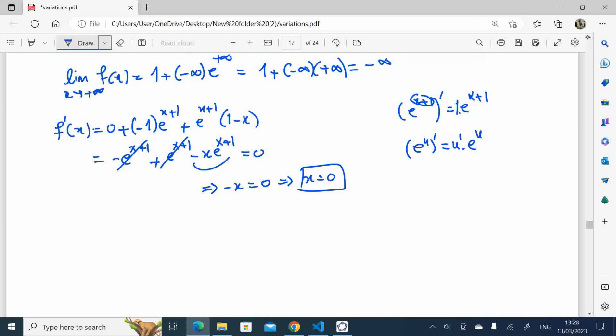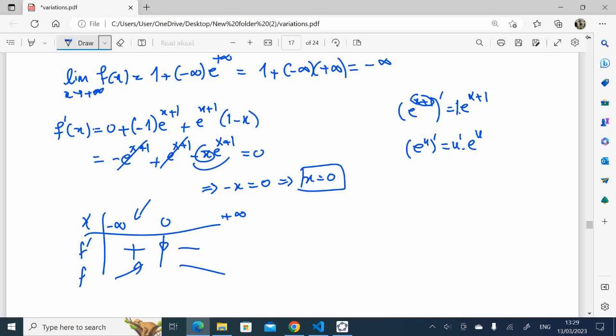Table of variation. This is the table. This is x, this is f prime, and this is f. From minus infinity to plus infinity, critical value 0. So f prime is 0 at 0. Now, if I try a value before 0, minus 1 for example, substitute minus 1 here: minus 1 times minus, it's plus. So here plus, here negative, so f increases, then decreases.